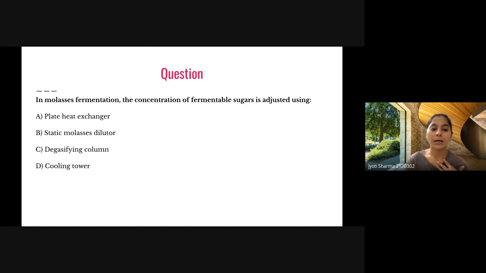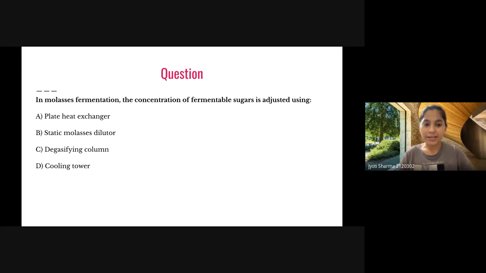Okay. In molasses fermentation, the concentration of fermentable sugar is adjusted using what? Plate heat exchanger, static molasses diluter, degasifying column, cooling tower. How can we adjust the concentration of fermentable sugar?